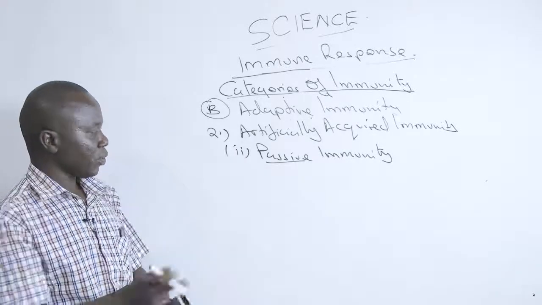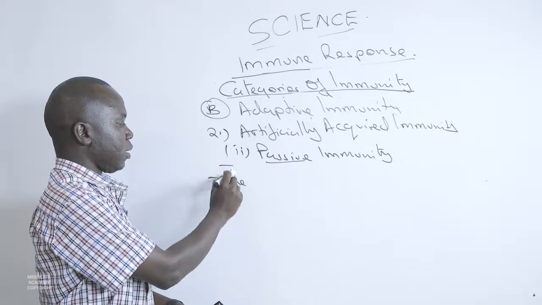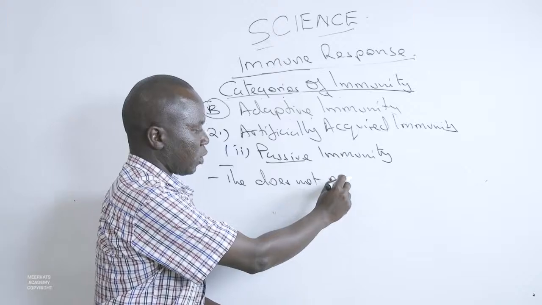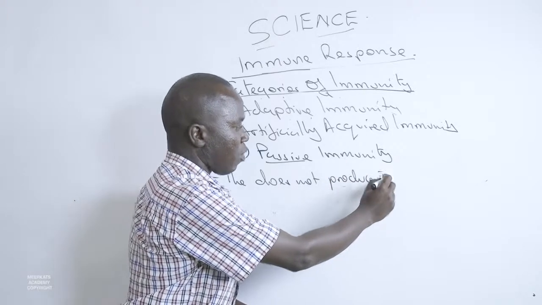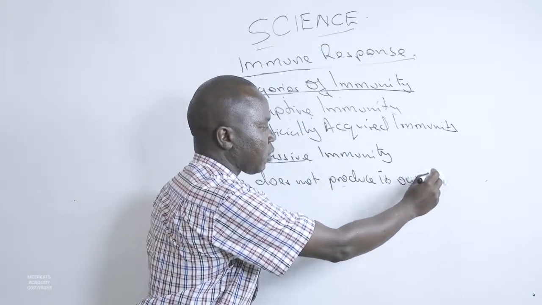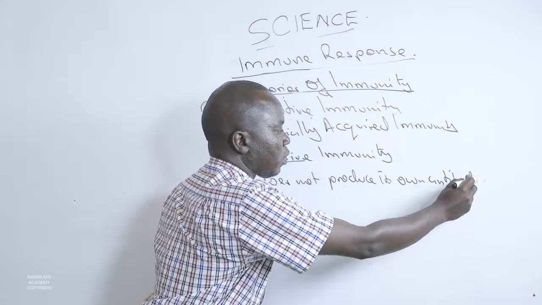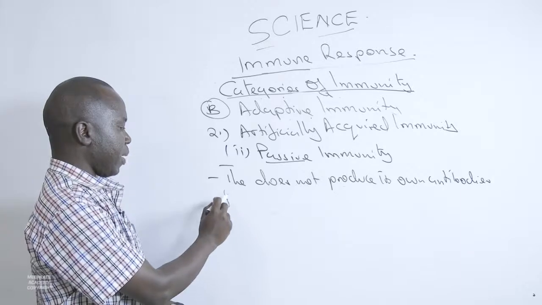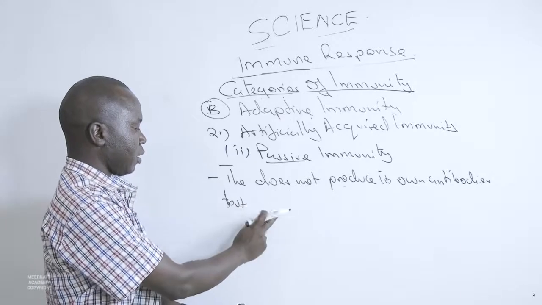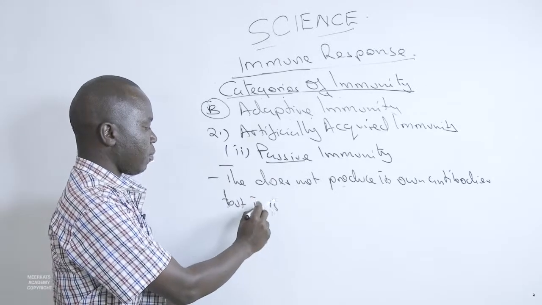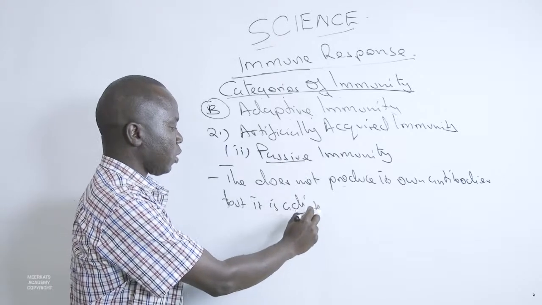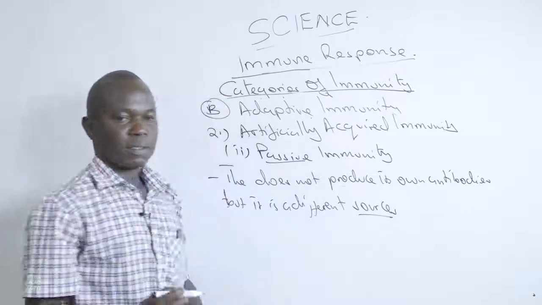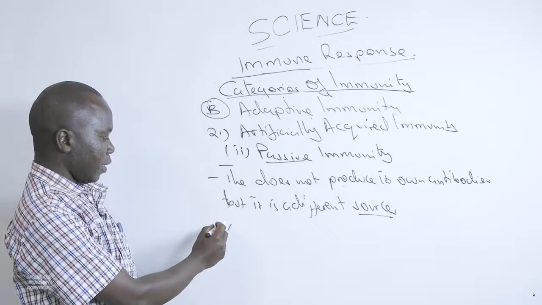We are going to find out the source. So where does it get it from? It is from a different source. So what are some of the sources that we can mention?